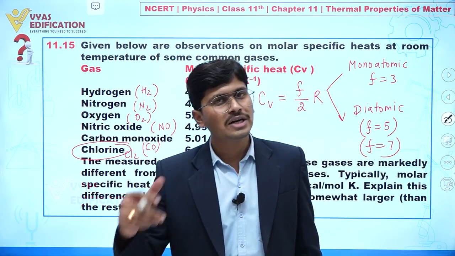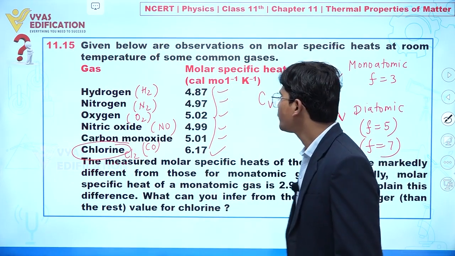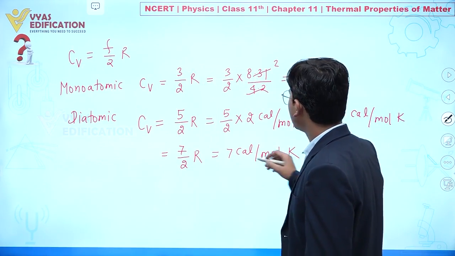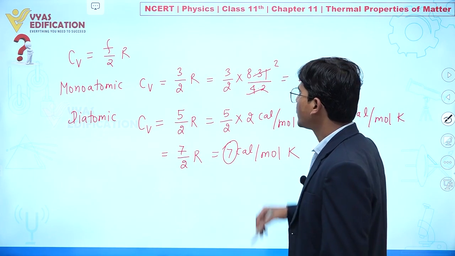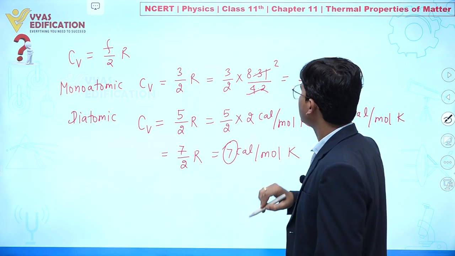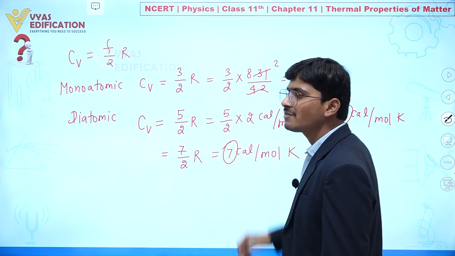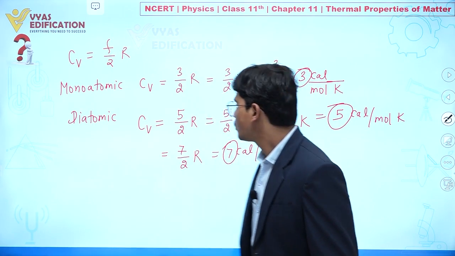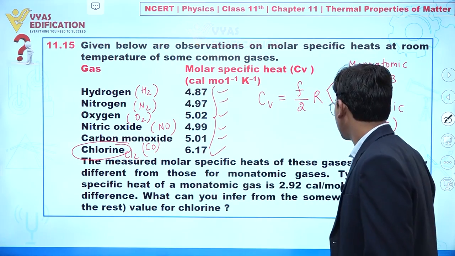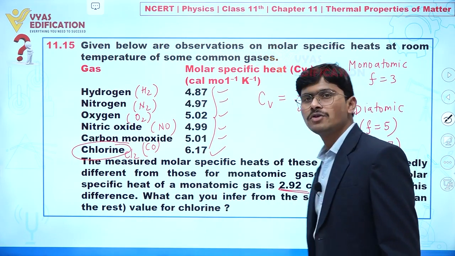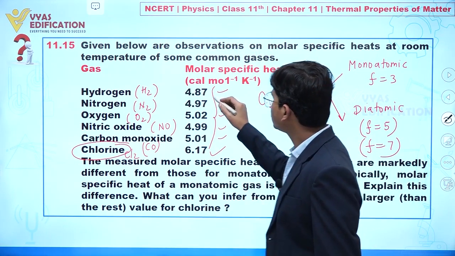So here we also include its vibrational degree of freedom. That's why the value goes toward 7, but at normal temperature you get near about 5, and for monoatomic this value is near about 3. So for a monoatomic gas we find this value near about 3, and for diatomic near about 5.